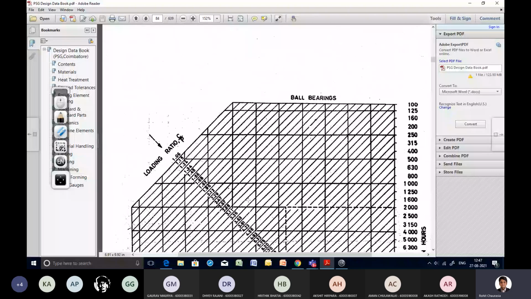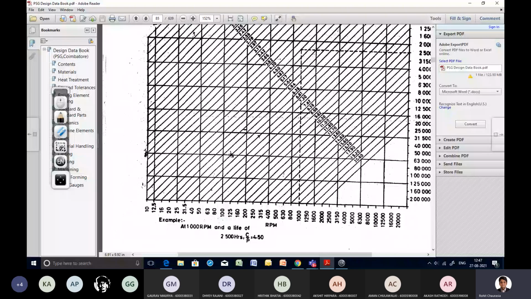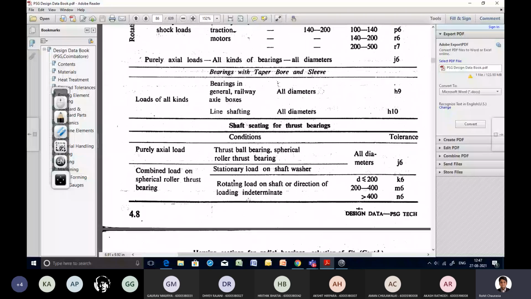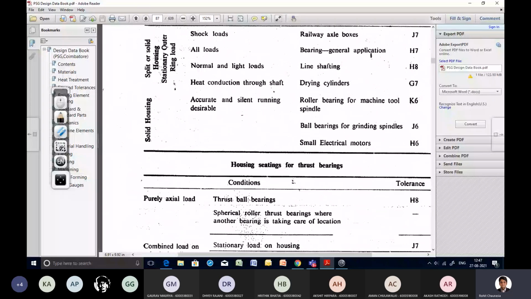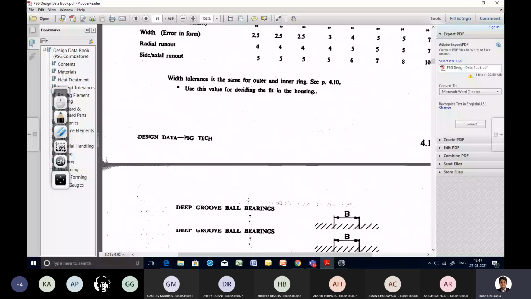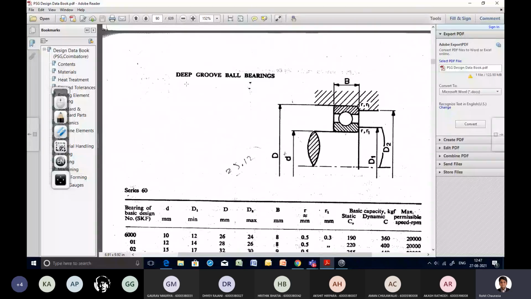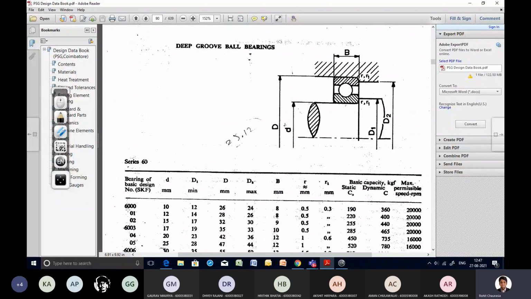If you look here, this is the deep groove ball bearing. This is the 60 series. Here 6000 is 1, 2, 3, 4. So we need to take care of the last two digits.